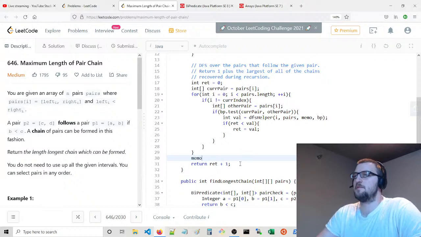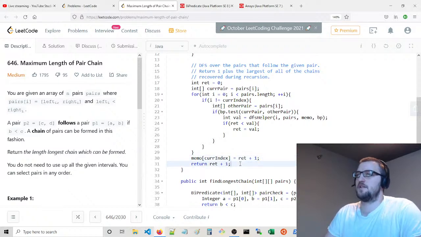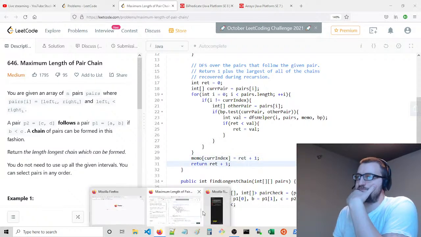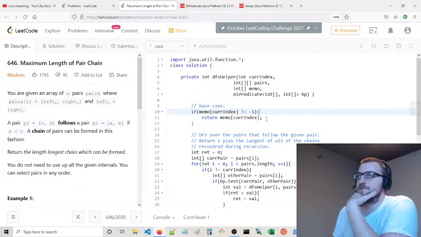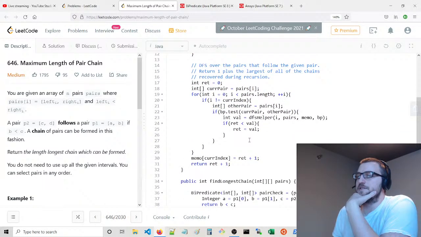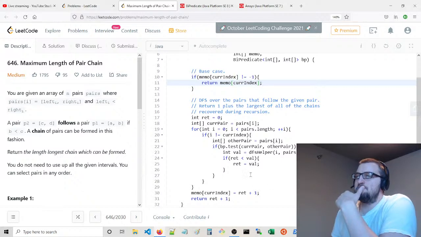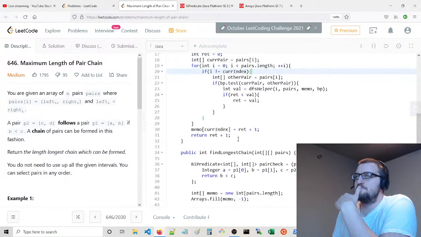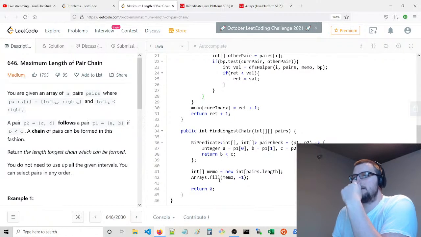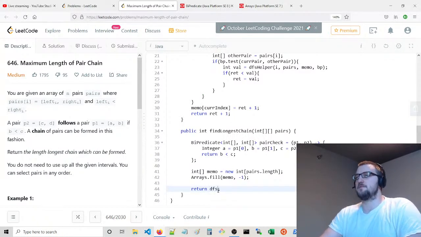We're going to say memo of current index is then equal to ret plus 1, and then return ret plus 1. Okay, I think it's that simple. So if we've already visited this node, then we'll return immediately. Something as simple as that. I think that's what we want.